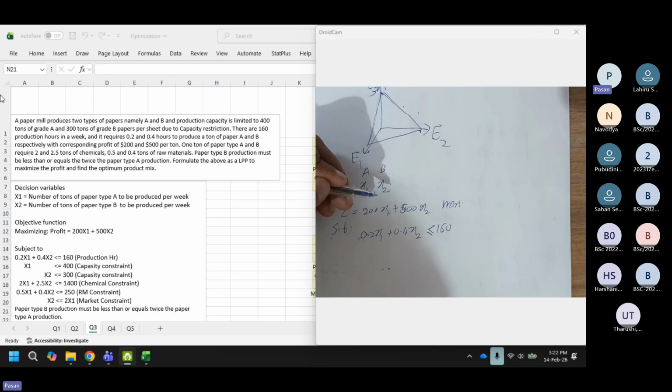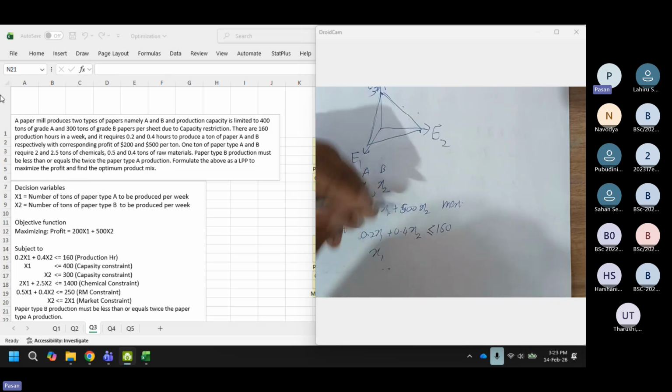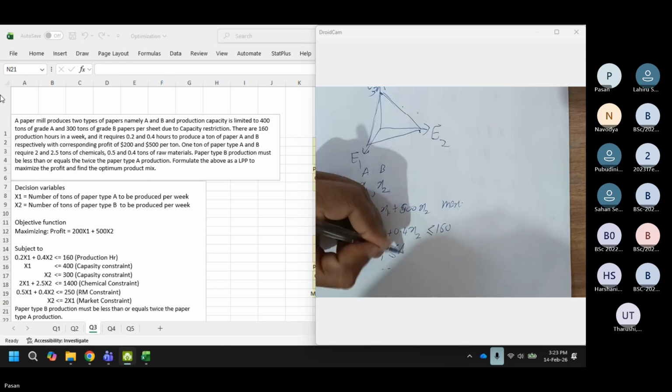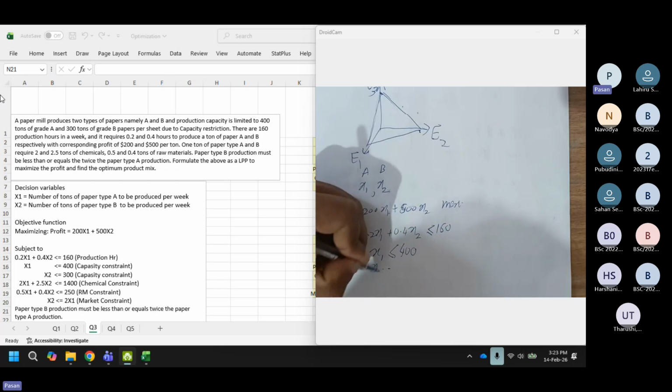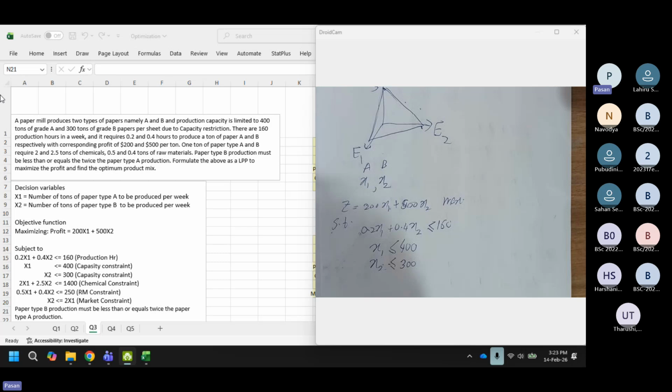Before going into that, actually we have the limitation there. For x1, the maximum that you can produce is 400, and the maximum you can produce from x2 is 300. So we have some additional restriction like that.